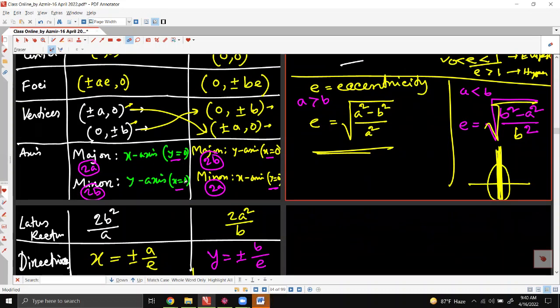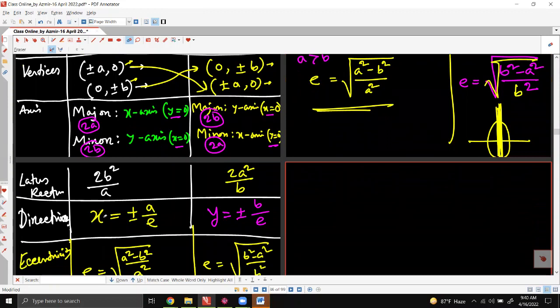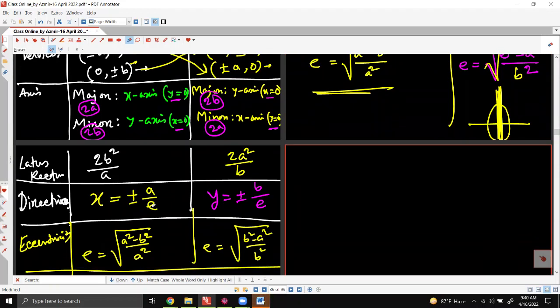So y equals 0 and x equals 0 are the major and minor axis. Latus rectum, its length will be 2b squared over a. Directrices will be x equals plus minus a over e, and eccentricity will be e equals square root of a squared minus b squared over a squared.